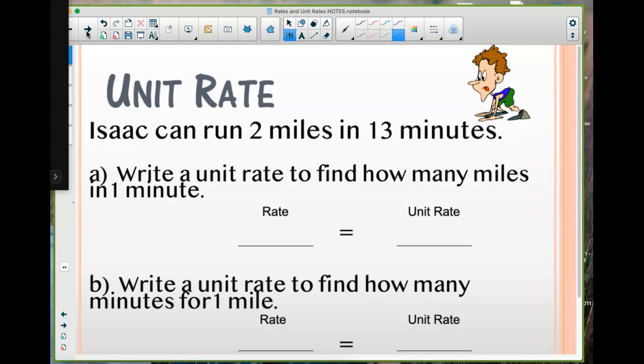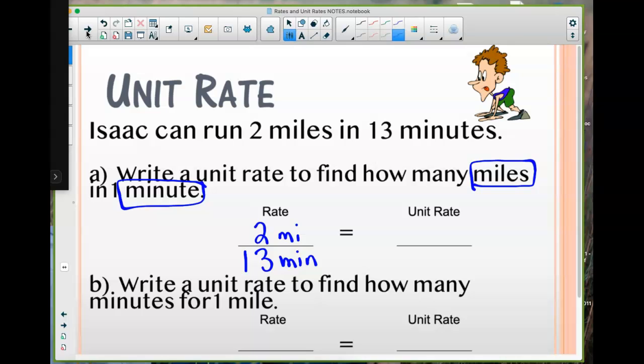Okay, so we've got the same problem. We've got Isaac can run 2 miles in 13 minutes. Write a unit rate to find out how many miles he can run in 1 minute. Okay, so now look at the problem. It says how many miles comes first in a minute. Okay, so the rate is that he can run 2 miles in 13 minutes.